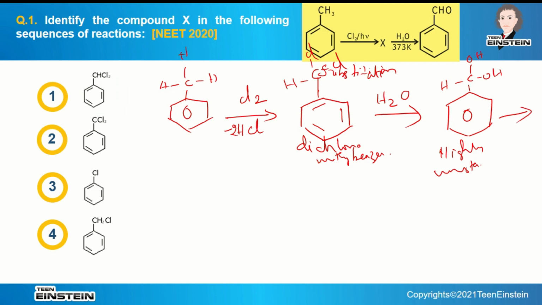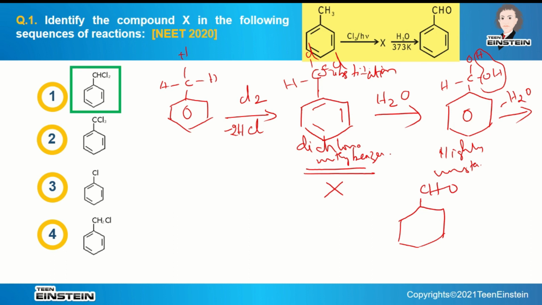Further, removal of water takes place and it gives aldehyde. So here the intermediate is dichloromethylbenzene. So the compound X is dichloromethylbenzene. So the correct answer is option number 1.